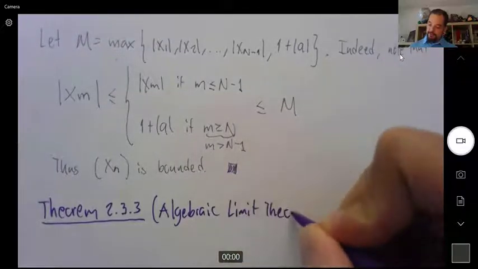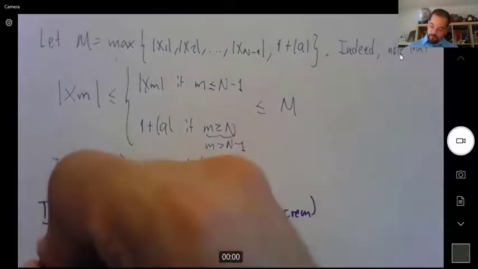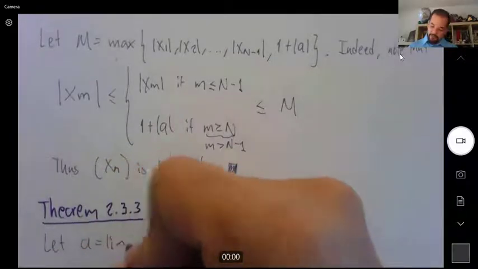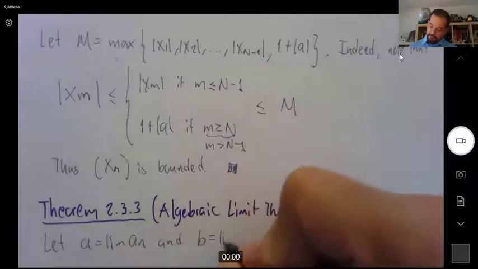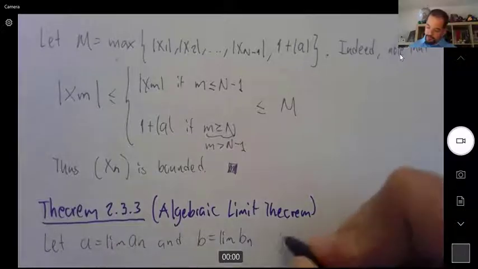And it says the following: if we denote by A the limit of a_n and by B the limit of the b_n, notice this is implicitly saying that a_n is convergent and b_n is convergent, and their corresponding limits are A and B. Then the following happens.